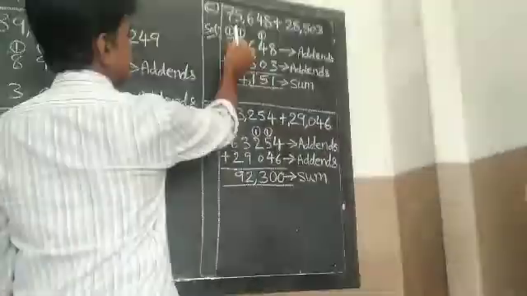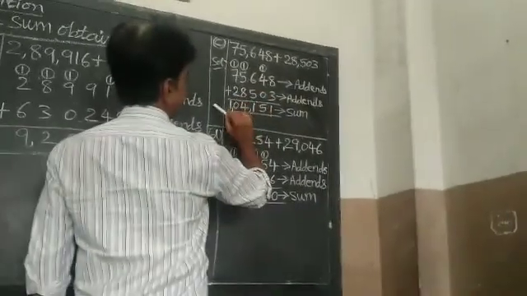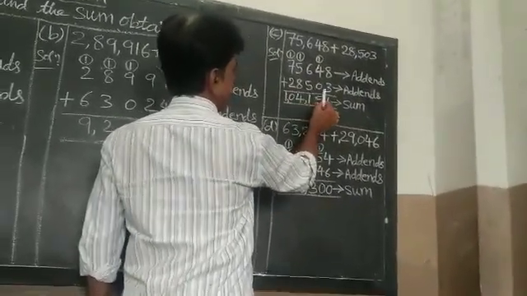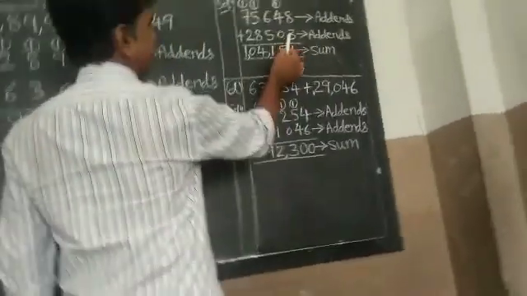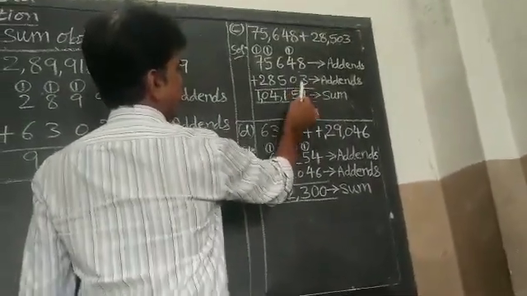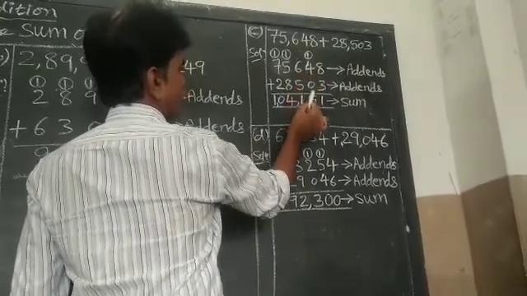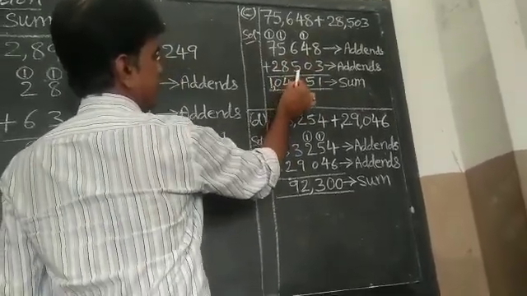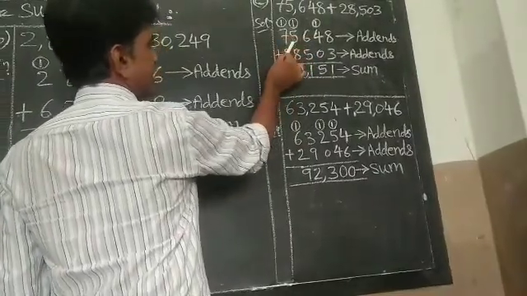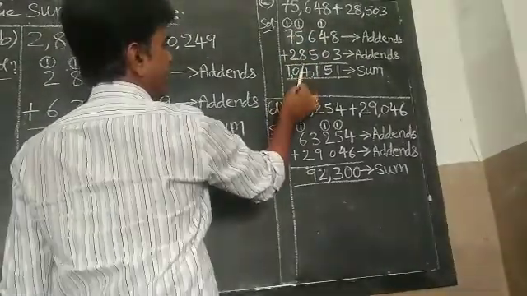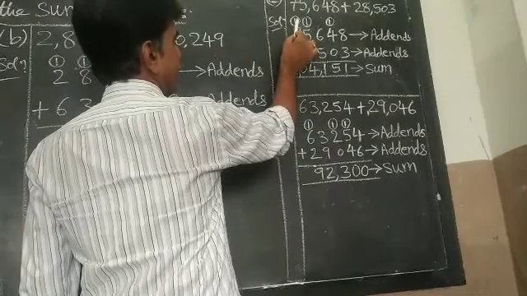Similarly, the C question. 75,648 plus 28,503. These two numbers are addends. When you add, 8 plus 3, 11, 1 carry. 1 plus 4, 5. 6 plus 5, 11. 11 means 1 down and 1 carry. 1 plus 5, 6. 6 plus 8, 14. 14 means 4 write down and 1 carry.